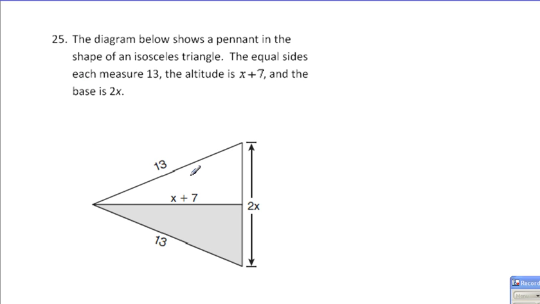All right, next. In this case, since this is 2x, we can say the upper half will be equal to x. Since it's an isosceles triangle, given that the altitude forms a right angle with its base, then we get to have 13 squared equals (x plus 7) squared plus x squared.